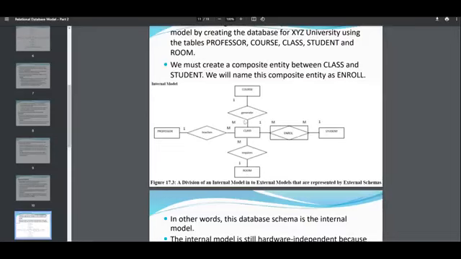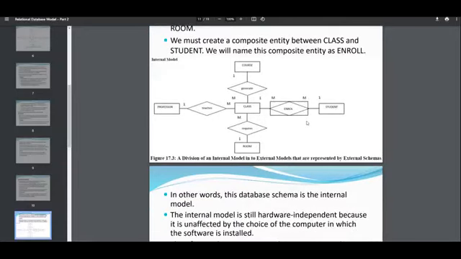This is the way you have to map the ER diagram, and you can see here there are no many-to-many relationships, composite entities can be found there, and the way one relationship type can be marked there. So the internal model is divided into external models that are represented by external schemas.